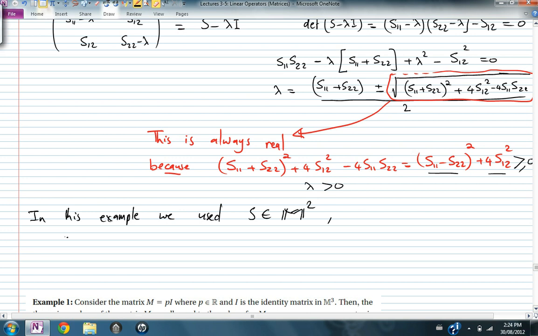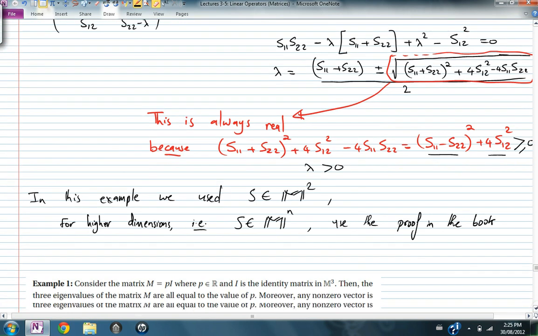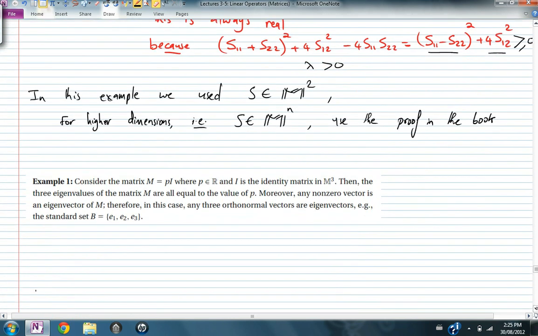So for higher dimensions, i.e. S is a matrix that's n by n, use the proof in the book.